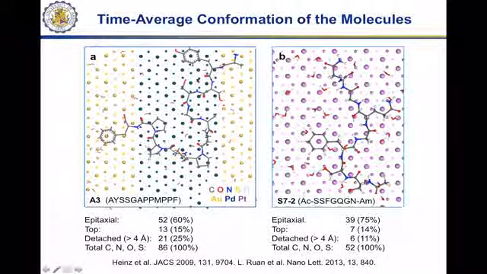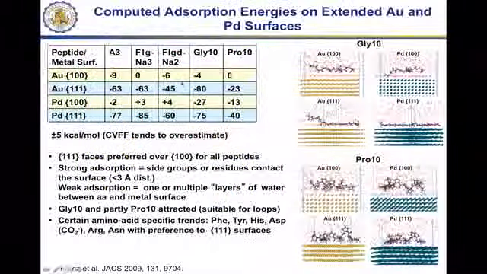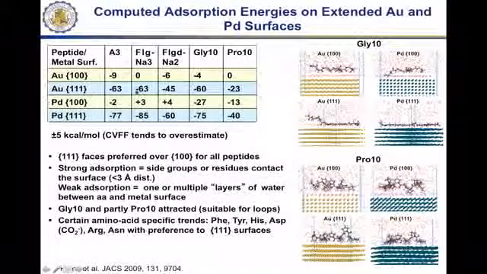And of course, there's a trade-off between conformational flexibility and also competition between water and those molecules. But in the end, the majority of polarizable atoms coordinates the epitaxial sites. So this is actually here for a gold surface. This is a platinum surface, and that's got a lot of interesting implications.